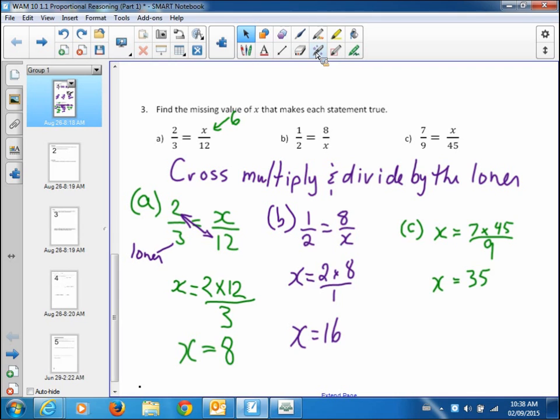I'll just wait for a second. Now the trickiest thing is coming up with the equations, but once you have the equation, I think you'll know how to solve it. I'm going to flip the page. Is that good?